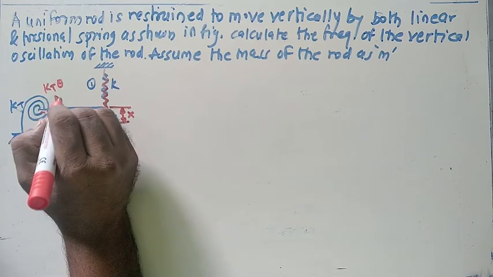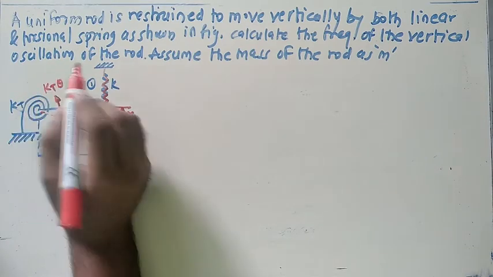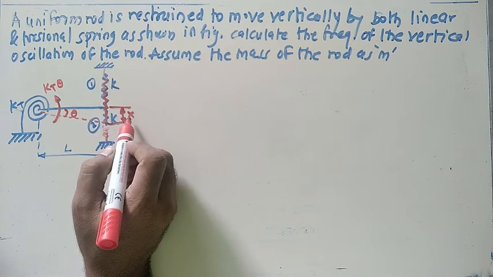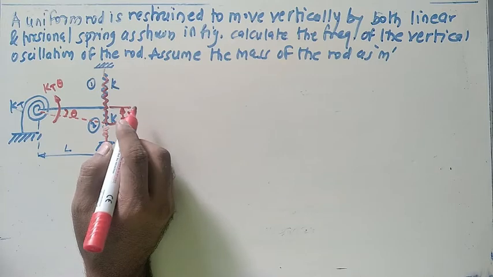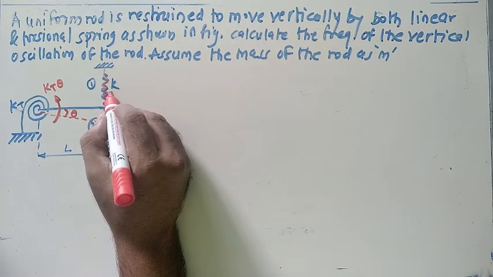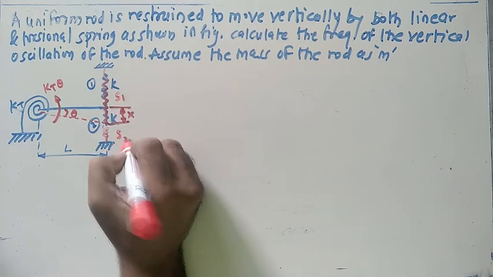So kt multiplied by theta will come for this case, spring force. What's about the next one? So here the k with us displacement we can get in terms of x. I'll just consider this spring force offered by first spring is nothing but the S1, and by the second spring is nothing but the S2.